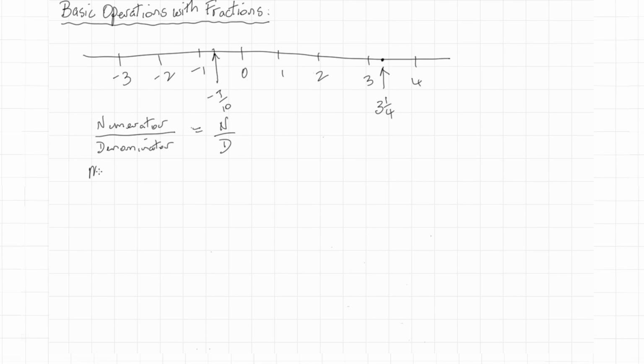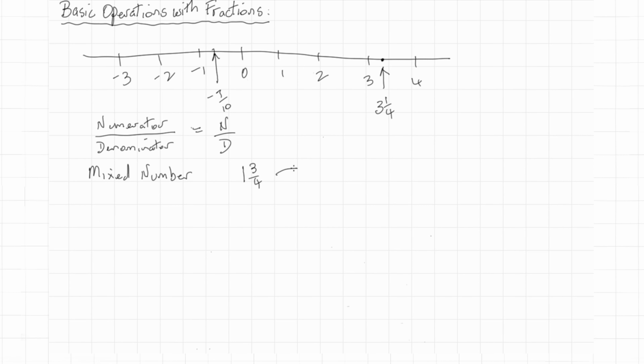If we've got what's called a mixed number, we've got a whole number at the front, and then we've got a fraction. So 1 3/4 is an example of a mixed number.